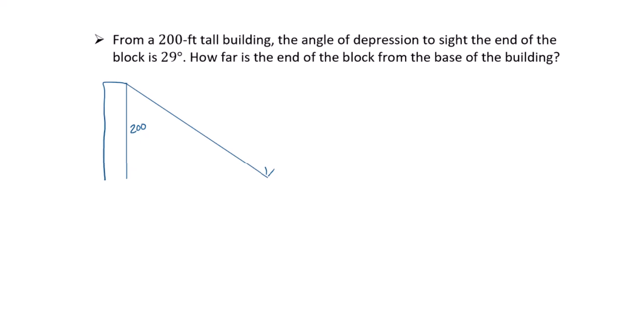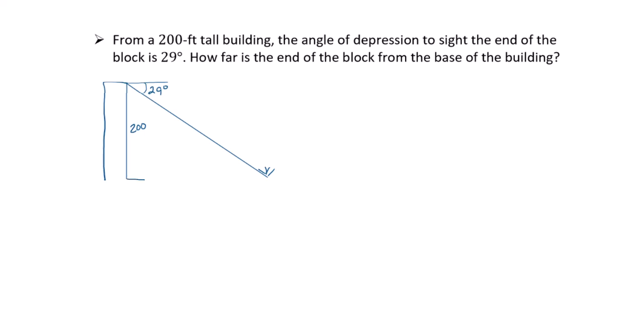Okay, so they see this end of the block down here, and they estimate that the angle of depression, the angle of depression from the horizontal line of sight to the line between the observer's eye and the object, is 29 degrees.